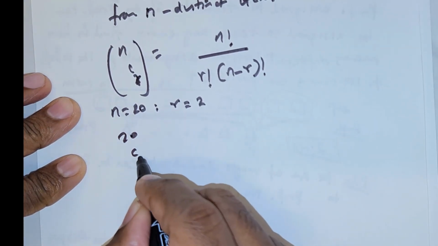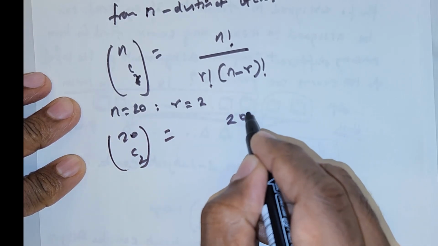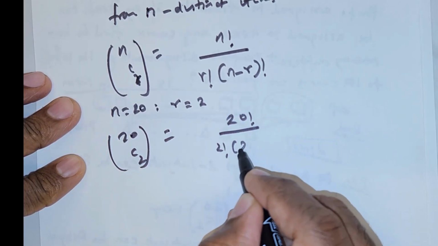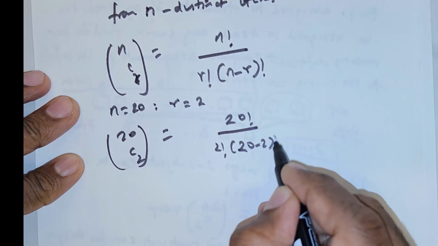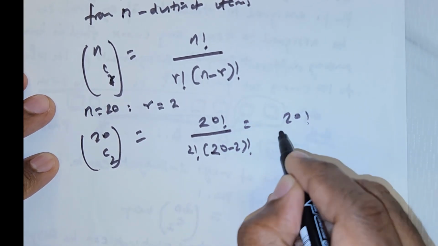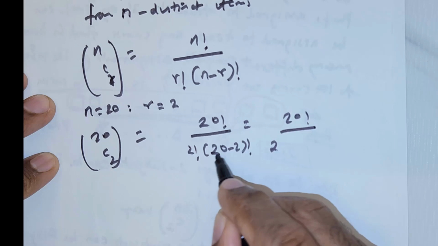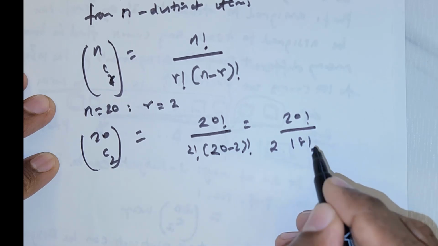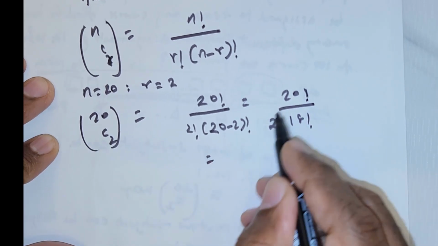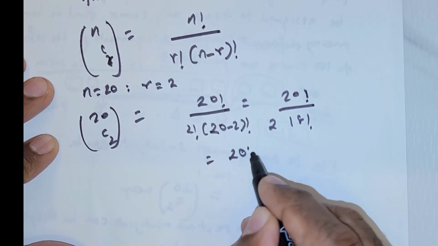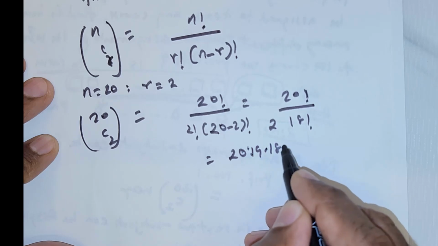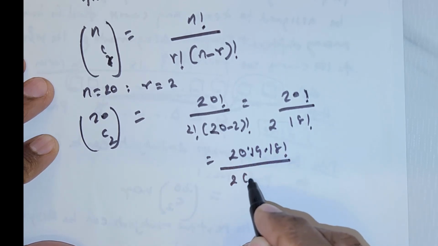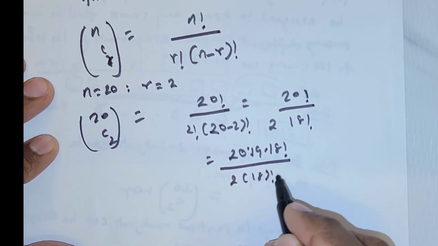Now our n is 20 and our r is 2 in the first case. So this is going to be 20C2, which is 20 factorial over 2 factorial times 20 minus 2 factorial, which is 20 factorial over 2 factorial is 2, 20 minus 2 factorial is going to be 18 factorial. Now 20 factorial can be written as 20 times 19 times 18 factorial over 2 times 18 factorial.